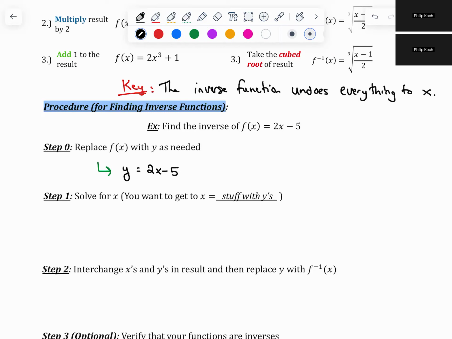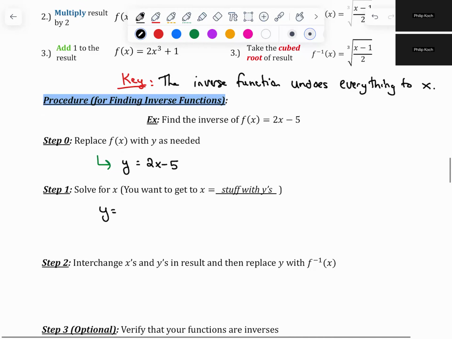Then what you're going to do is solve for x. You want to get to the point where you have x equals stuff with y's. So it should just be a singular x on one side and y's on the other. In this situation, y equals 2x minus 5. What we should do first is add 5.